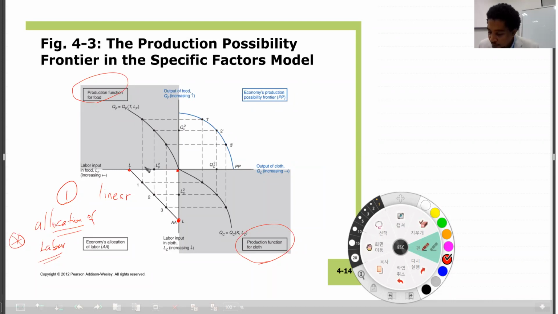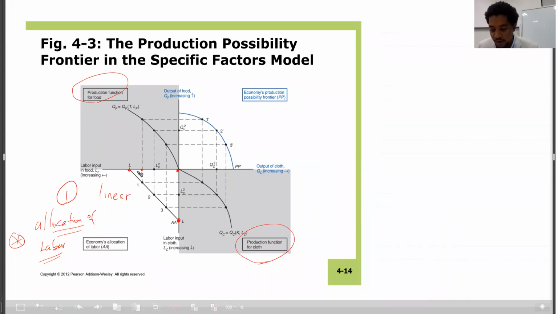So when we use less labor here for food, that means we use more for clothes. You can see here, 0 clothes, this much labor for food. A little bit lower, decreasing the labor from food and using it for clothes will produce this much. At this point we have this, and this side, this much.